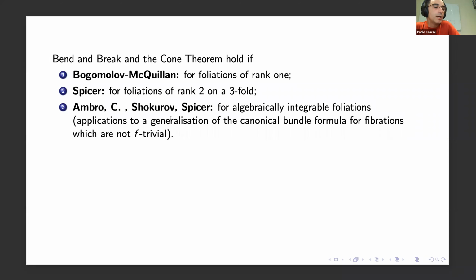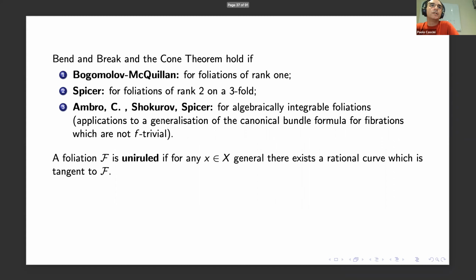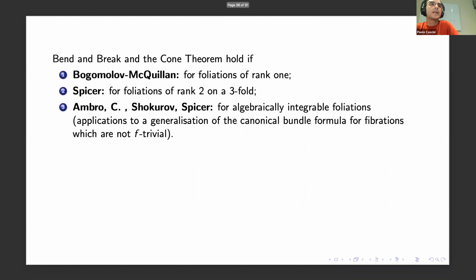Usually this canonical bundle formula works for fibrations which have relatively trivial canonical divisor. So this is not about foliations, this is really about varieties in general. And this is a program that was started by Shokurov quite a long time ago, actually.